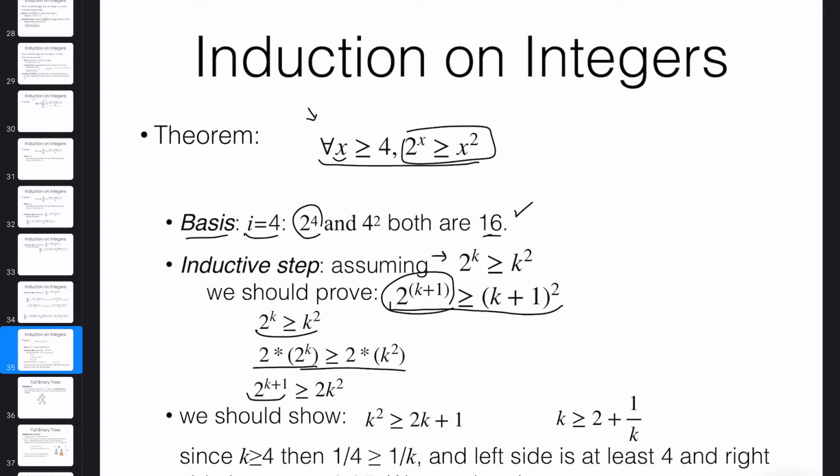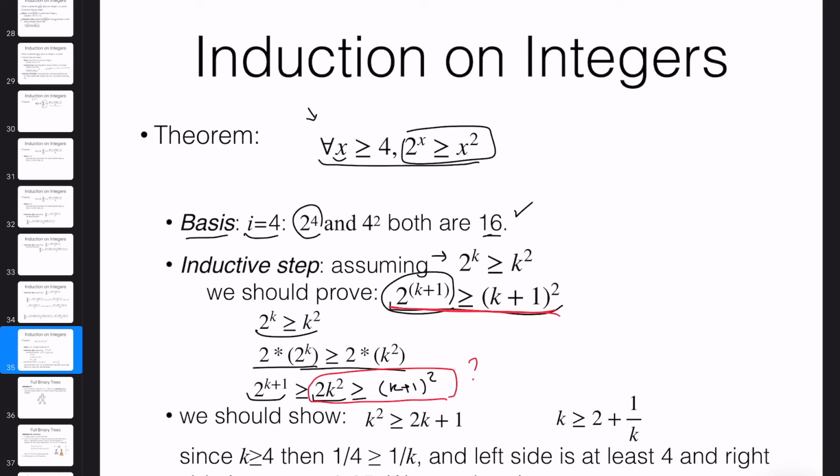And the other side is 2 multiplied by k power 2. Okay, what is the relationship between this one and this one? If I prove this is greater than or equal to k plus 1 power 2, I'm done, right? Let's use a different color. If I can prove this, I'm done. I will show that this is also true.